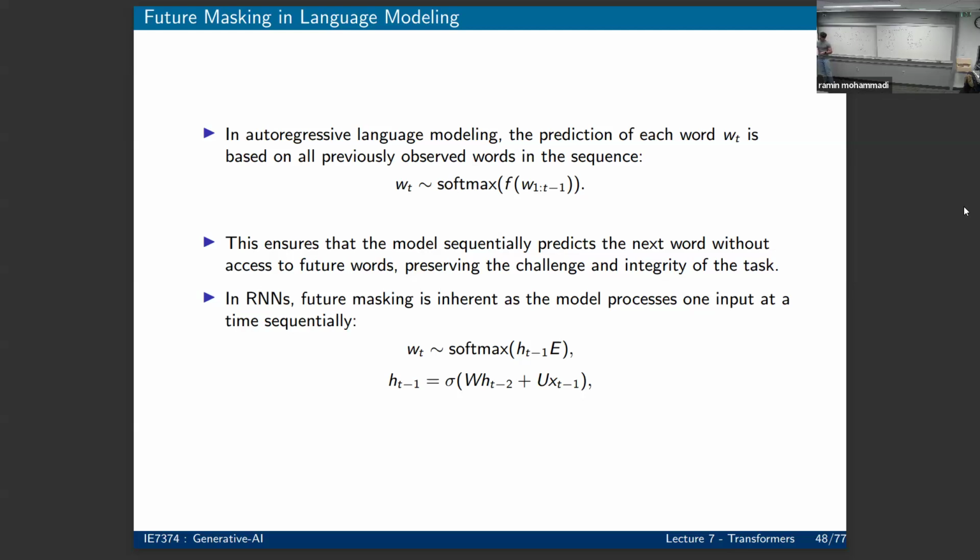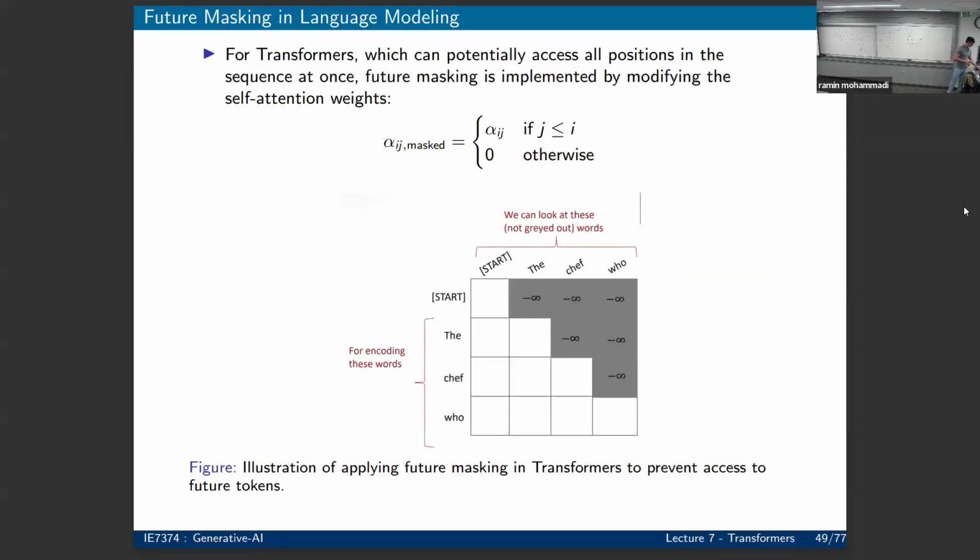The model should always have only knowledge about the past and the current timestamp, and nothing about the future. So in the decoder part, the GPT part, the first thing that we will see is different. Instead of self-attention, it's called masked self-attention. It's the same idea, but a masked version of it. So how does that work?